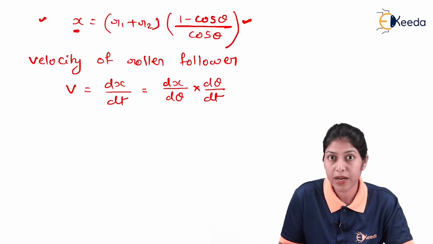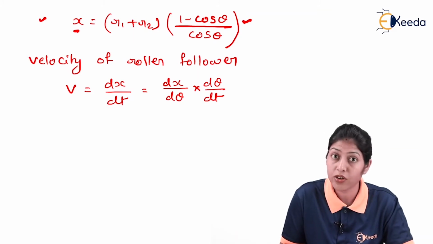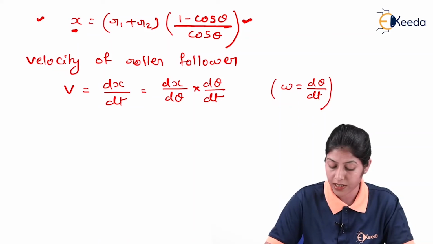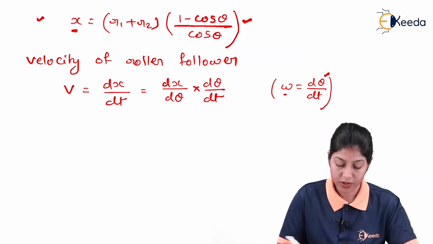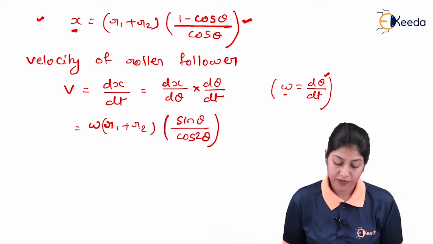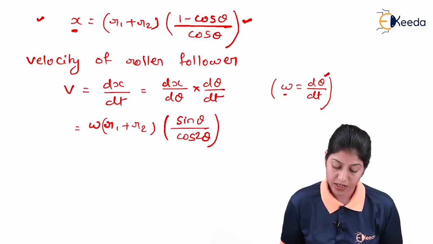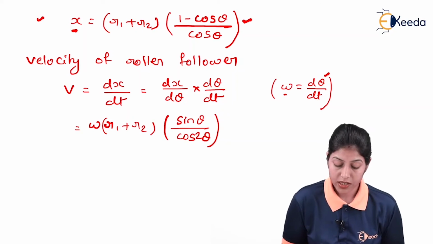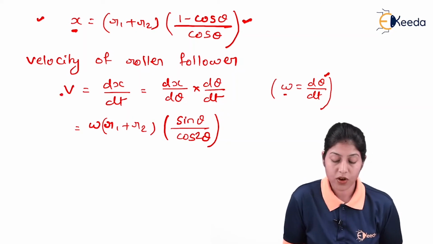This d theta by dt represents the angular velocity of the cam, since the angular displacement of the cam we are considering is theta. After differentiation, we get the equation omega (r1 plus r2) into sine theta by cos square theta. So this is the equation of the velocity of the roller follower.